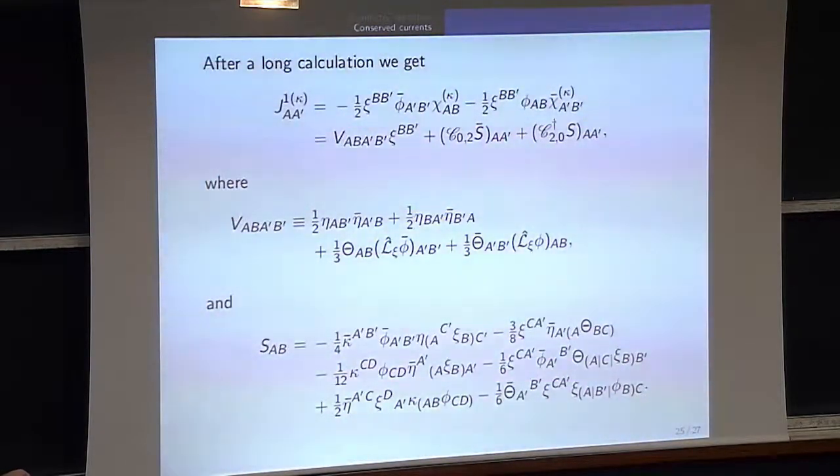But the really nice thing here is that these two first terms look very much like the energy momentum tensor for a scalar field. And we do have this first order times first order, a nice quadratic-like expression.